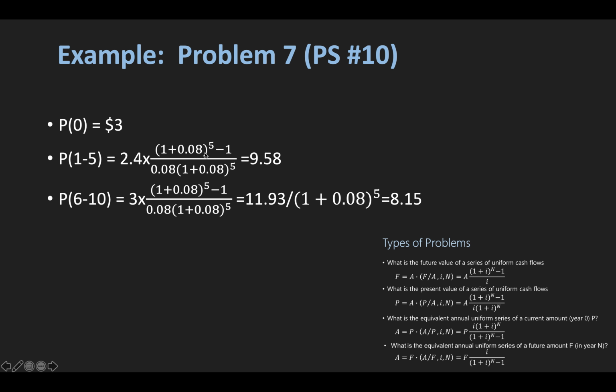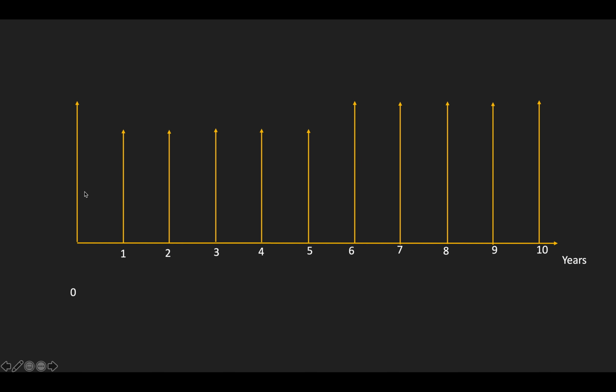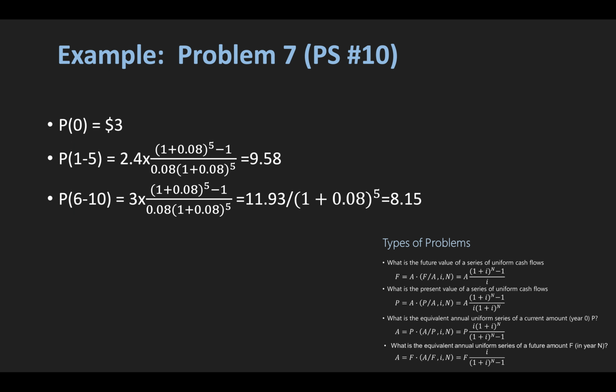So if we convert all this part, not just year 1 or year 2 or year 3, all these 5 years, and we bring it back to year 0, the number we get is $9.58 million. Remember, when you use this, you bring it backward 1 year.